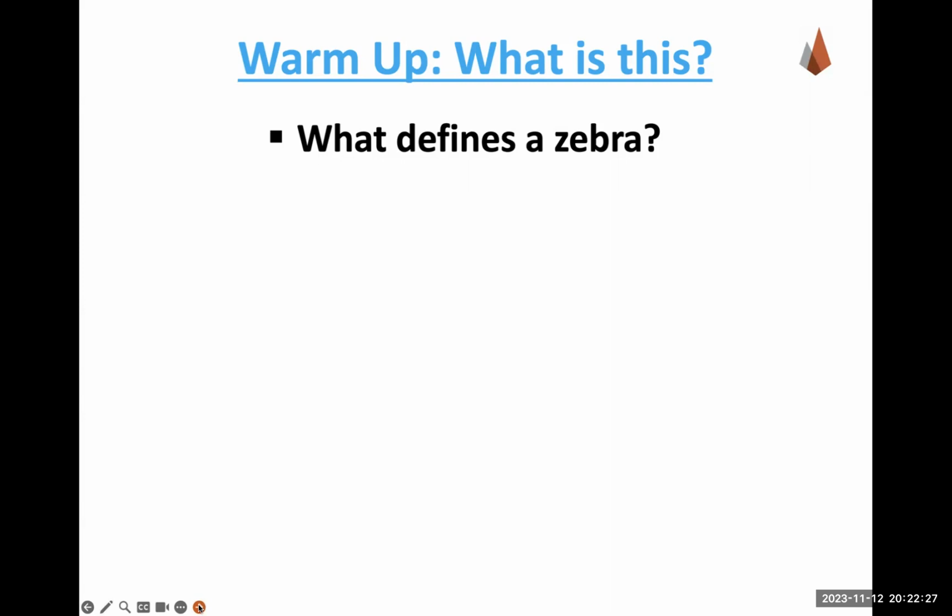Did you think about color, black and white, maybe stripes? What about socks? Smaller than an elephant, bigger than a rabbit. It's a 4th characteristic, maybe 4 legs. Maybe you're thinking about its ears, maybe where it lives.